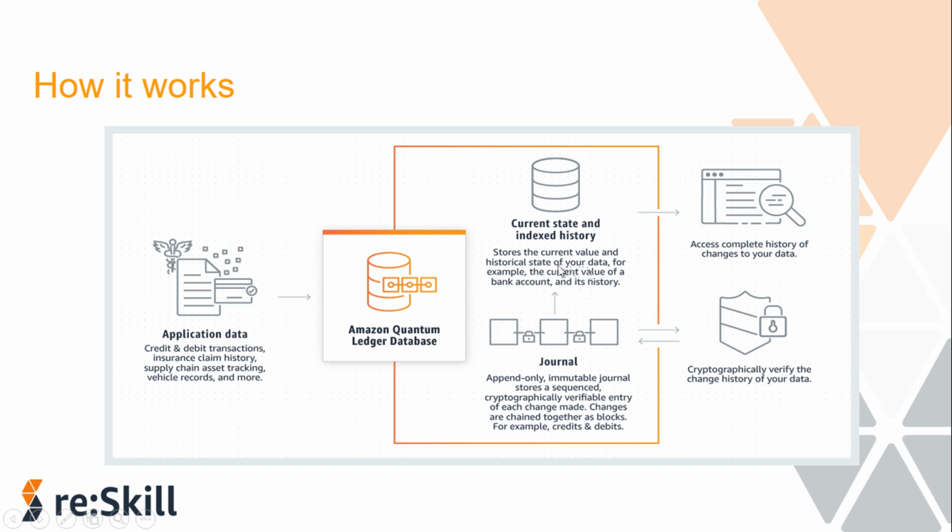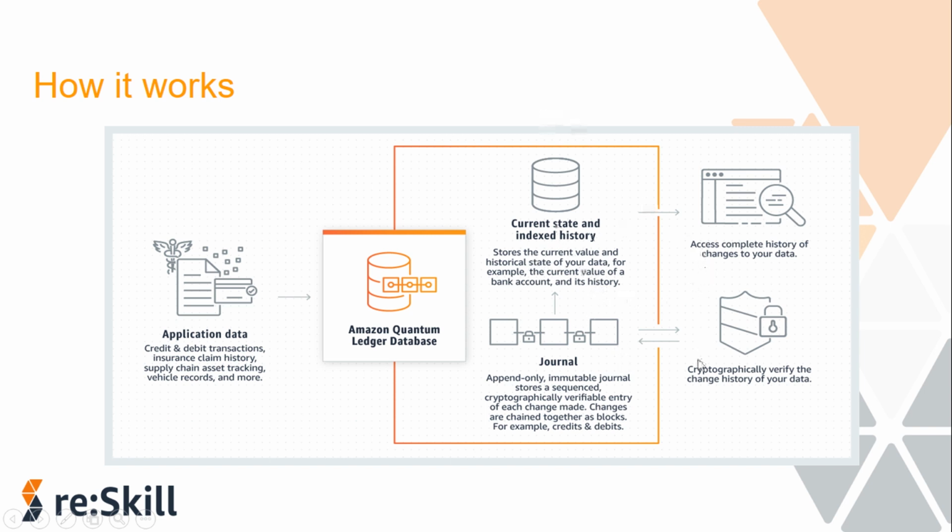And what else does it store? It stores the current value and the historical state of your data. For example, the current value of your bank account and its history, whatever transactions have happened, all the credits and debits, all of that data is stored here. Basically the current state and the history of it.